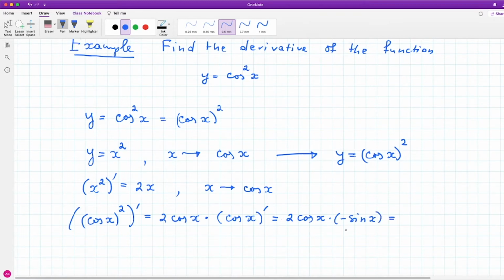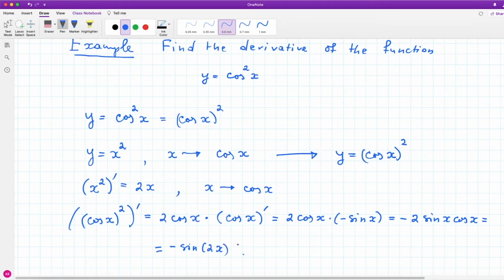We can also interchange cosine and sine to rewrite this as negative 2 sine x times cosine x. You may also know the formula from trigonometry, the double angle formula, which says that 2 sine x cosine x is sine of 2x. So we can simplify our final answer as negative sine of 2x.